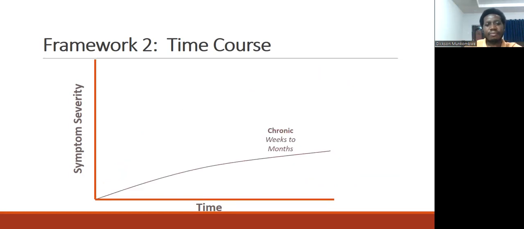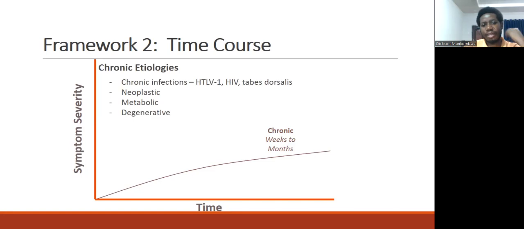In the chronic phase, you mainly have chronic infections such as HTLV-1, HIV, and syphilis. Neoplastic causes are also more in the chronic time course, and then metabolic and degenerative conditions also tend to have a chronic time course.